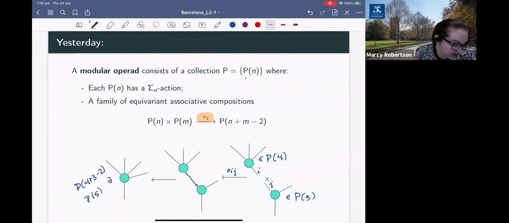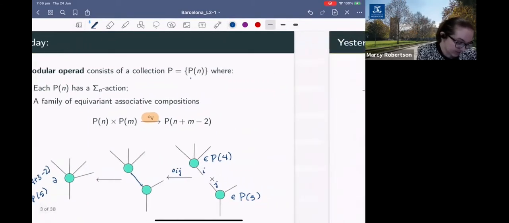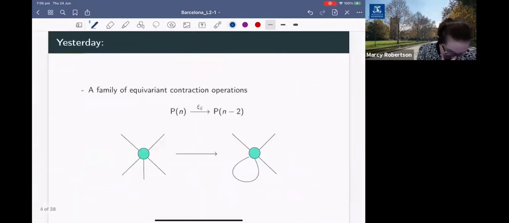Okay, so this is just to remind you of what we're thinking about. I can connect any i and j. The main thing is that I have these little spiders as my operations, and I can glue them together. And so that's a cyclic operad. And then if I want to add an abstract trace or contraction operation, I need a family of equivariant contraction operations.